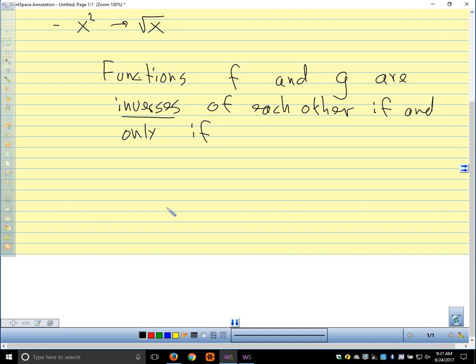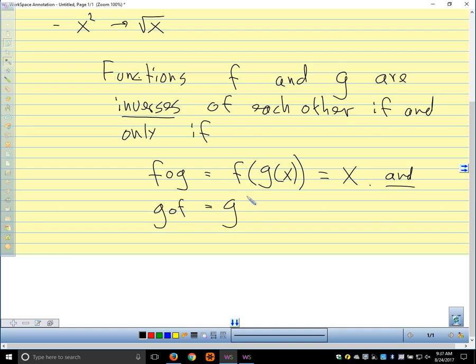If and only if f of g of x equals x. So whatever g does to x, f undoes, and I just get x back out. And g of f of x equals x. So whatever f does to x, g undoes, and it just gives us back x. So we have two pieces. The composition has to work both ways.